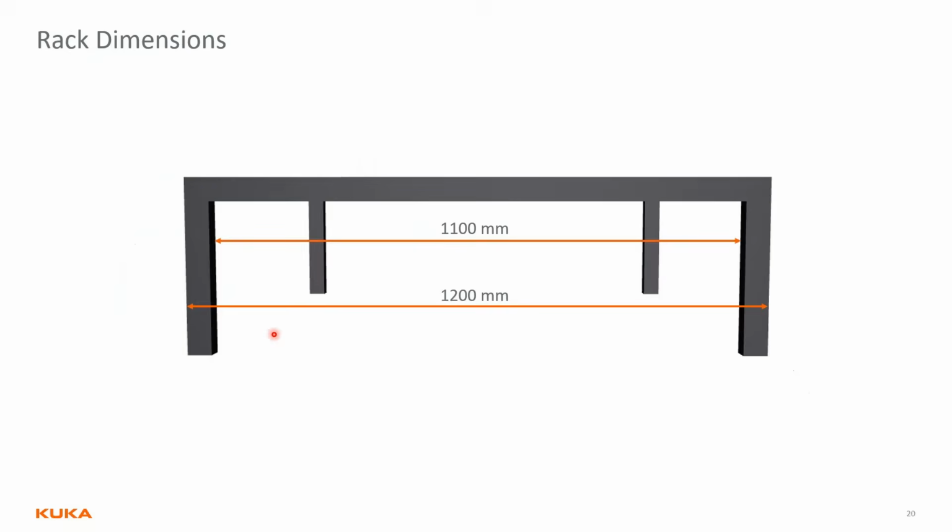So to save us some time, I went and looked at the dimensions for the 600p and 1500p, and I designed my rack, and these are the numbers that I came up with. 1100 millimeters from the inside of one leg to the other, and then 1200 millimeters from outside to outside.